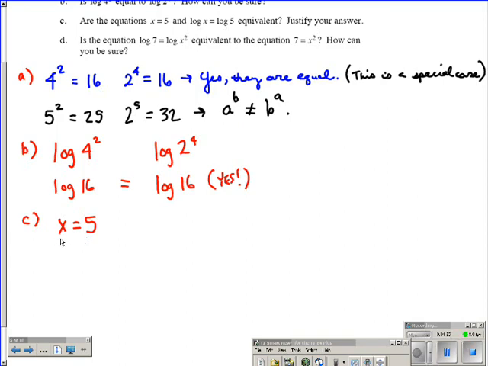The solution here would be that x has to equal 5 in order for it to be true. Now, if we look at this one over here, we have log of x equals log of 5. What does x have to be to make this true? Well, it's going to have to be 5. So we could say here, yes, these are equivalent because they have the same solution.